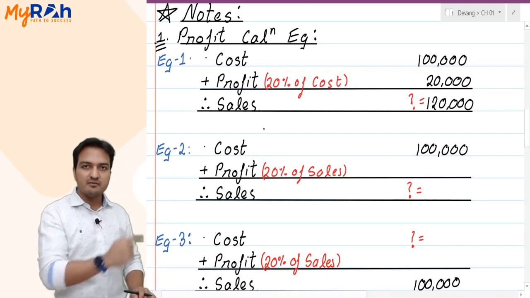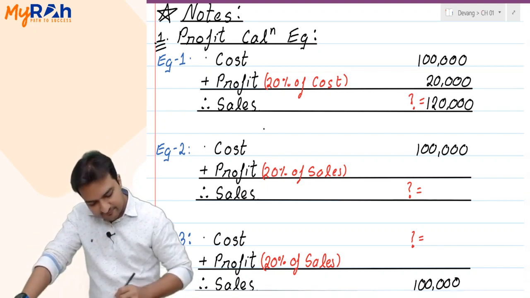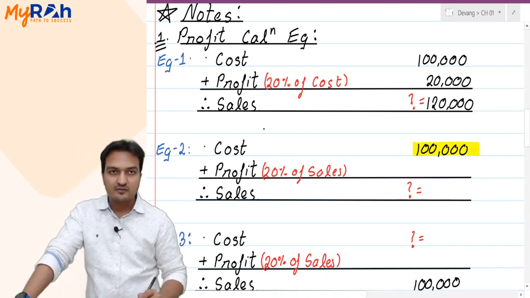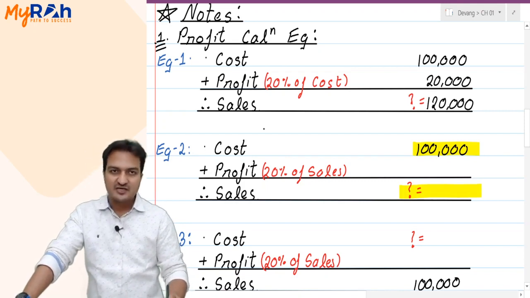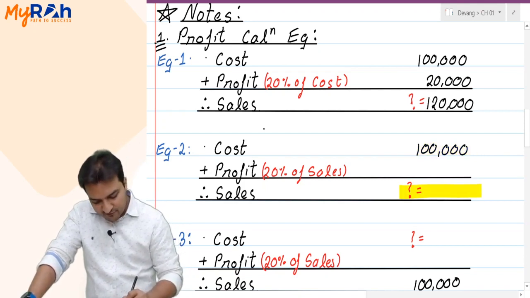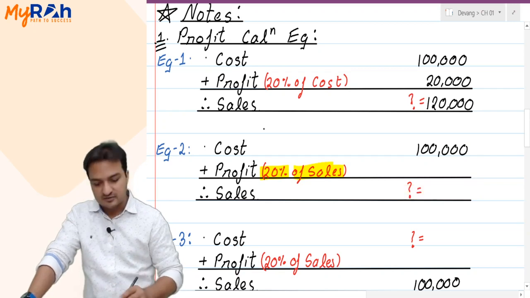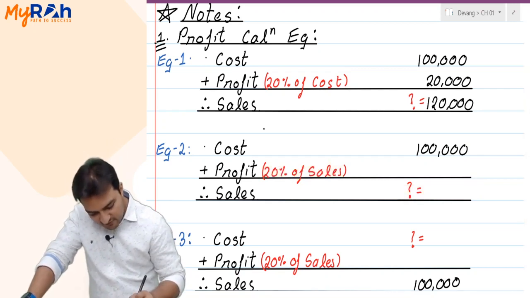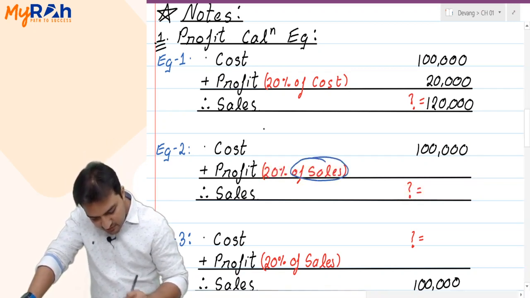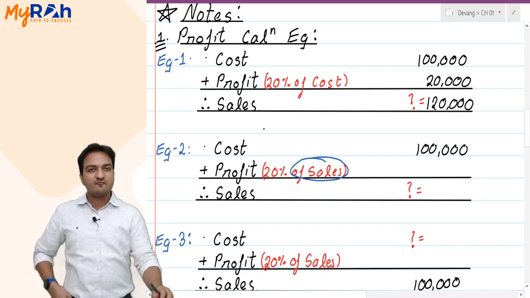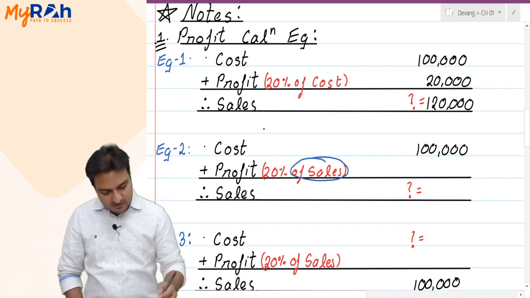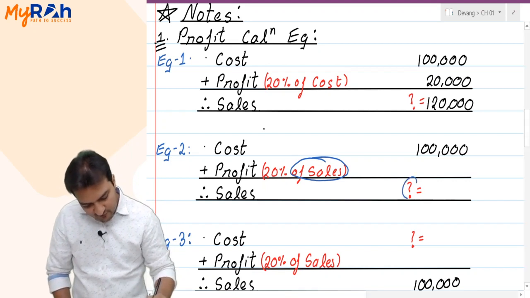But in example number two, notice this time my cost is given 1 lakh again and sales you have to find. Same style. But this time profit is given as 20% of sales. So notice, if profit is given based on sales, but the sales is missing, what will you do?